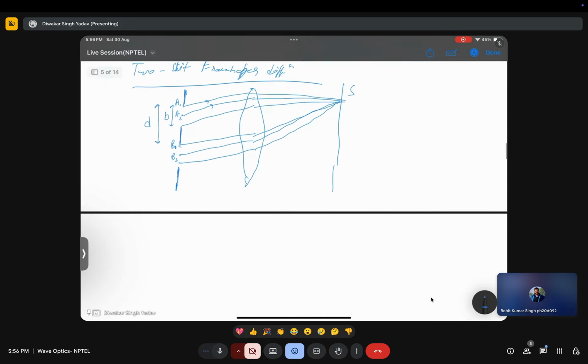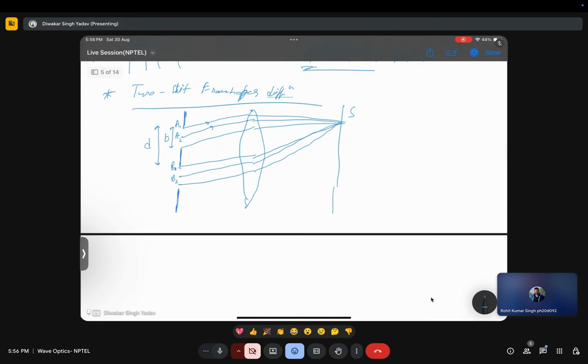Okay, and from the equations you can see how it happens. We have already calculated the resultant electric field due to diffraction. For the first slit, the resultant electric field will be the same that we derived, cos omega t minus beta. The light is the same for both, that's why omega is fixed.